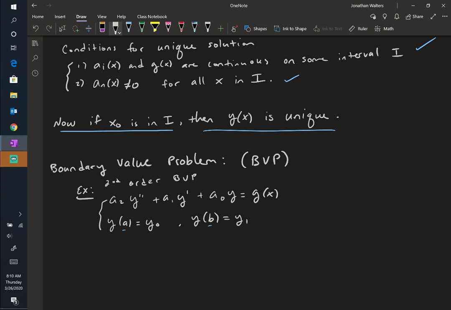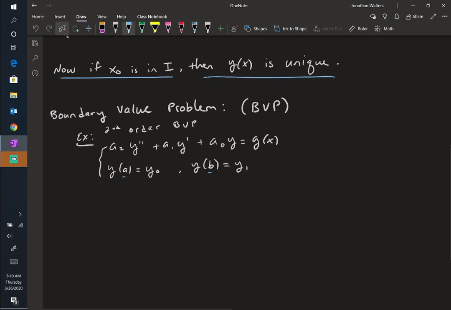We could have other boundary conditions. So these two conditions here, we call those boundary conditions.